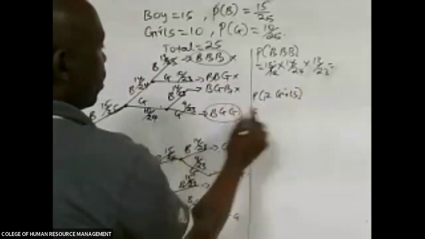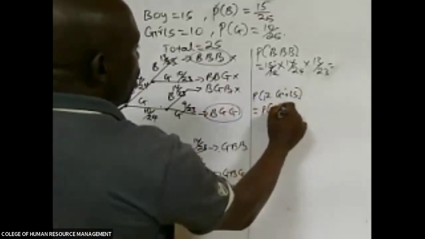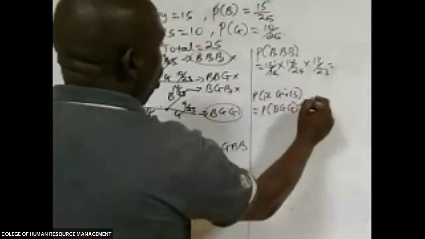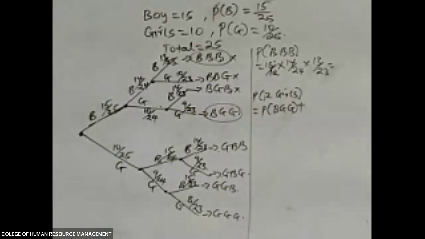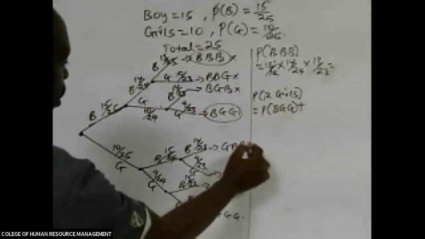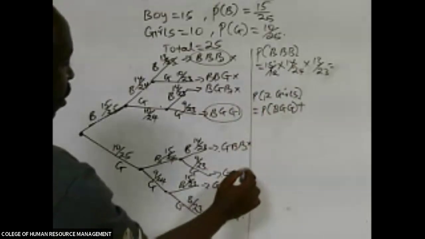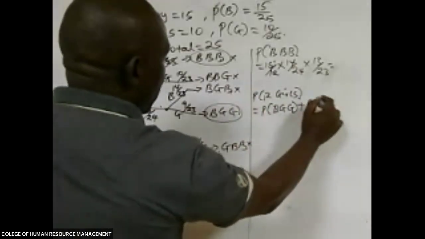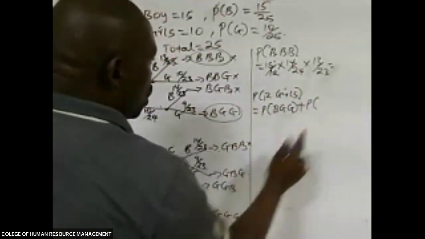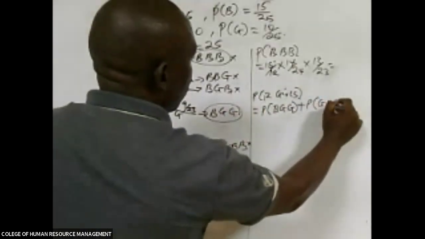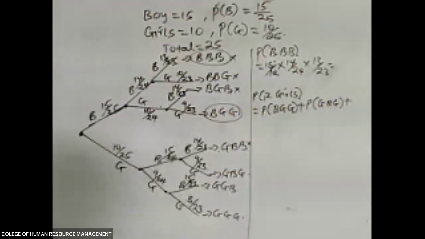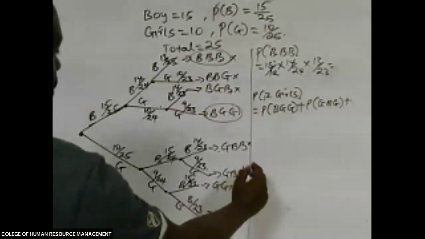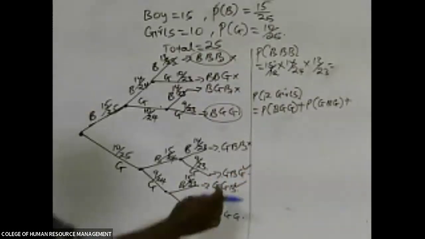So we have got one, it is probability of BGG, or we have another one, two girls. This one is not important because it is two boys. This one is two girls, GG. Probability of GBG. Plus, this one is important, GGB.